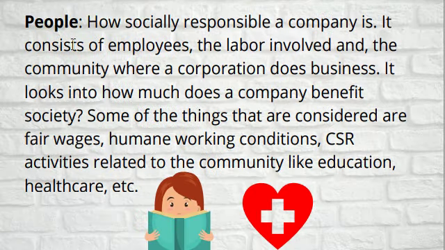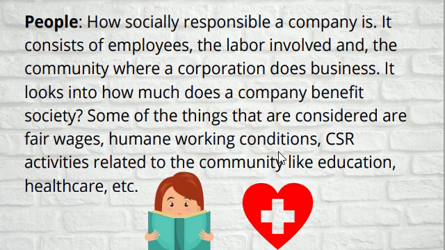Then the third component is people. This component talks about how socially responsible a company is. When we say people, we mean employees, the labor involved, and the community where that particular corporation is doing business. And it looks into how much the company benefits the society.